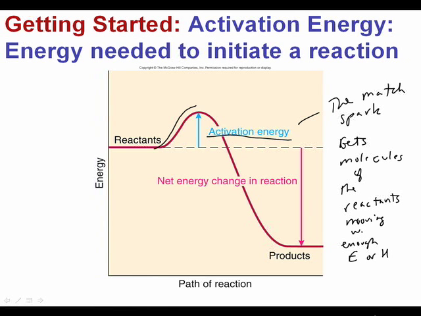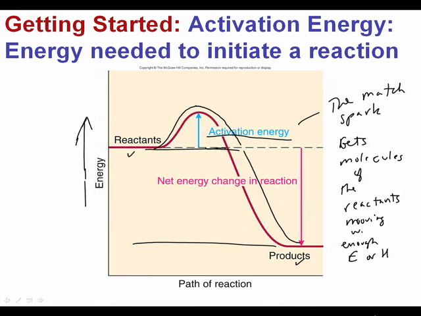And once they do, though, the reaction proceeds spontaneously. This energy between here and here, okay, remember our energy is going up. They say pictures are worth 1,000 words. So path of the reaction. I start off with reactants, end up with products. That's called the path of the reaction. All these interesting terms. But here's the activation energy. This is the thing that gets it started.